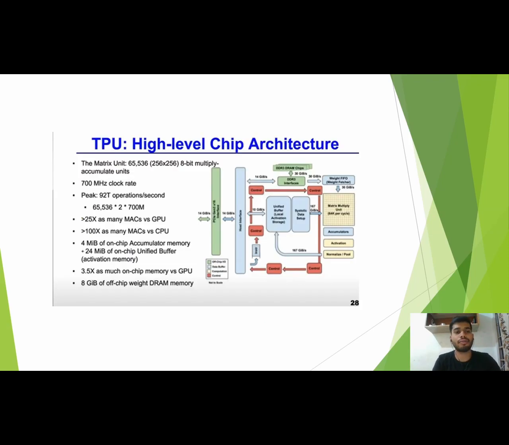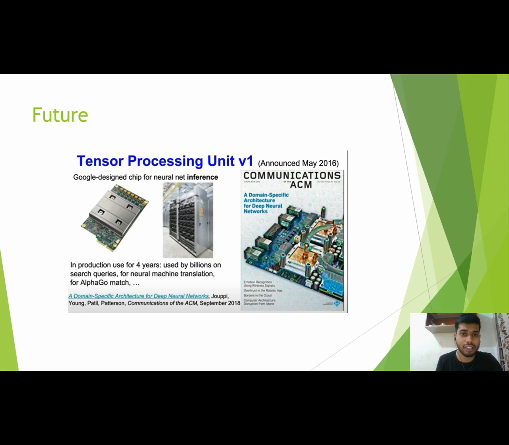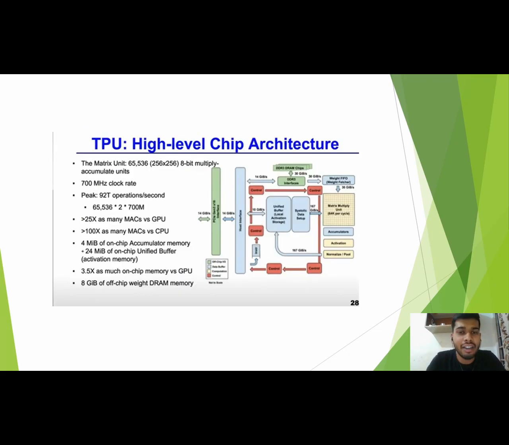The features of TPU, or tensor processing unit, version 1, that's a high level chip architecture. The matrix unit comprises 65,536 8-bit multiply accumulate units, which provides a very high rate of 92,000 teraops per second with a clock rate of 700 megahertz, which is needed as the work at Google is catering to a large number of calculations at the same time.